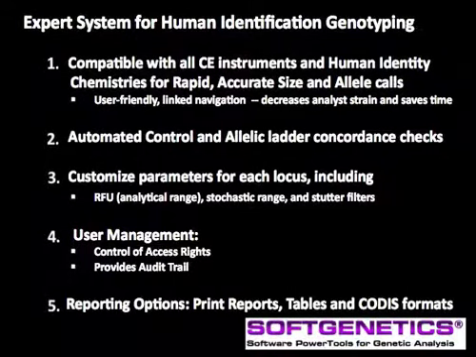GeneMarker HID has automated control and allelic ladder concordance checks and the ability to customize parameters for each locus, including RFU for the analytical range, stochastic range, and stutter filters. The user management provides control of access rights and an audit trail. GeneMarker HID has several reporting options, including print reports, tables, and CODIS formats.